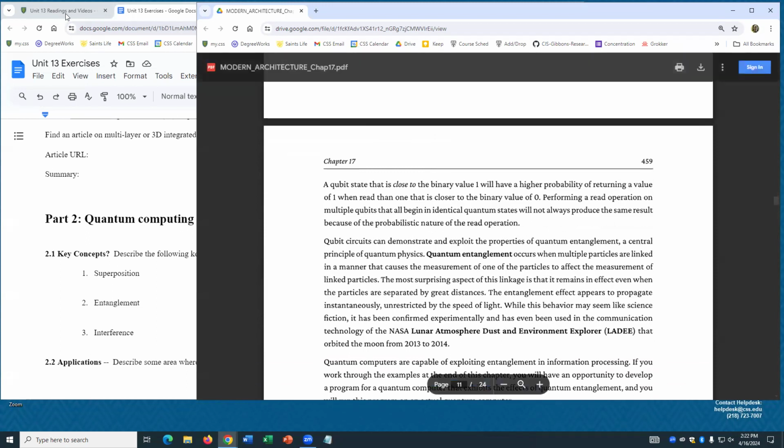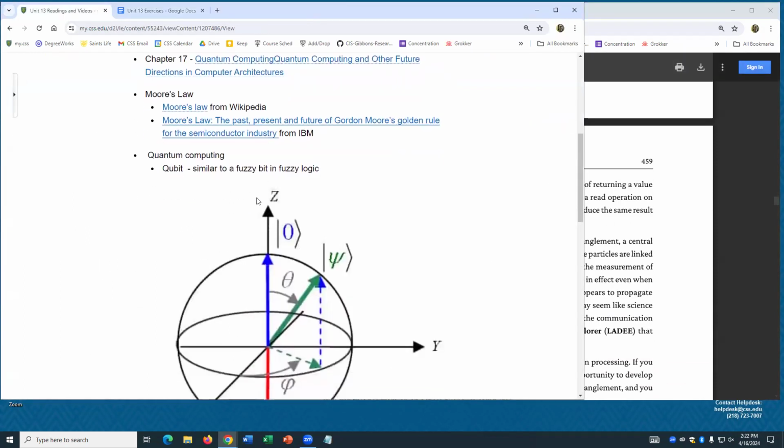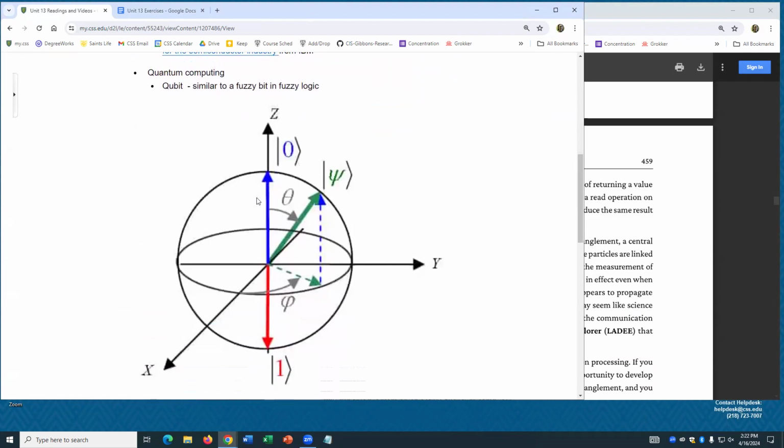So let's talk a little bit about quantum computing then. I'm trying to figure out where to stage this as far as quantum computing goes. There's quantum computing stuff that you're not going to understand, because we haven't given you the math background or the physics background to understand this completely.